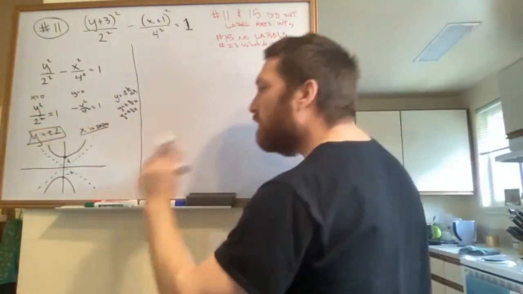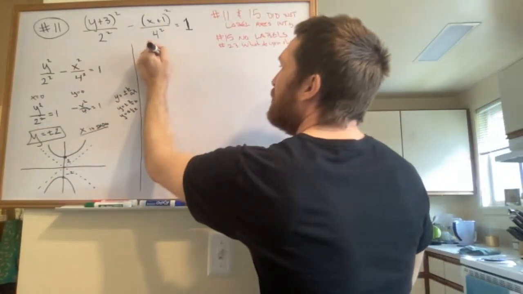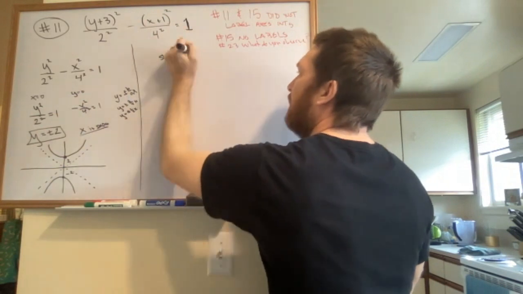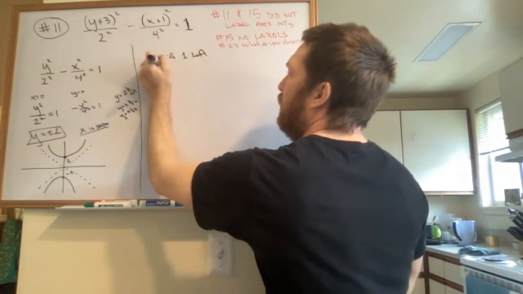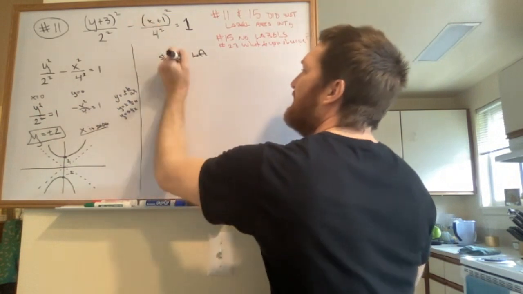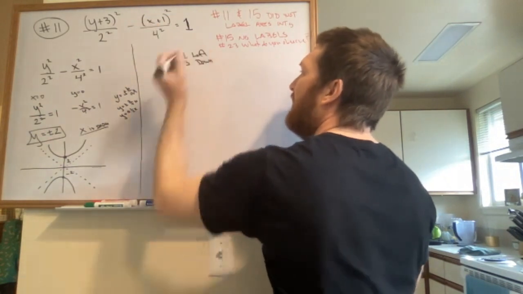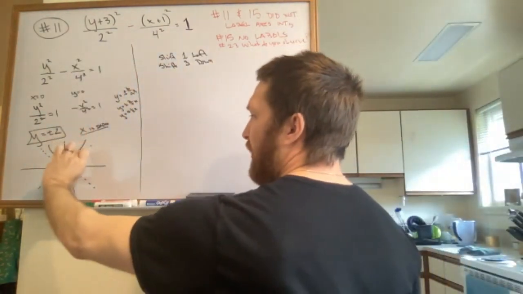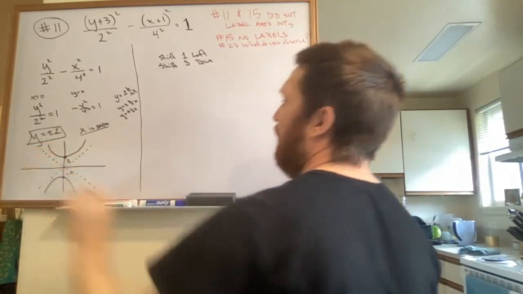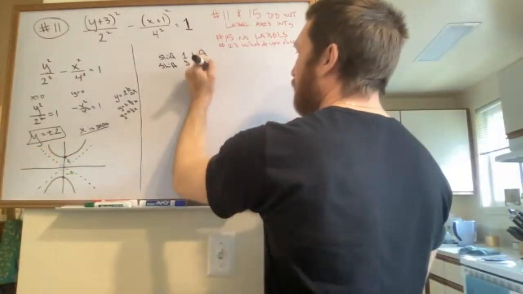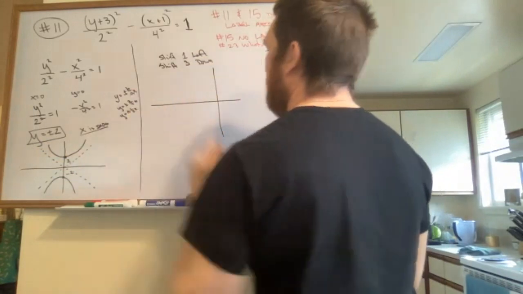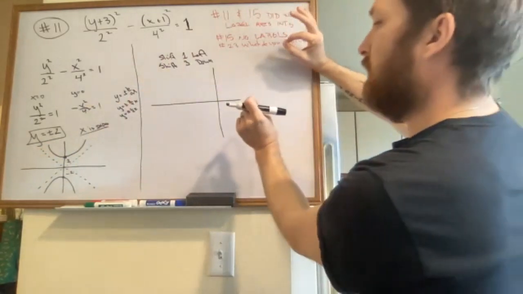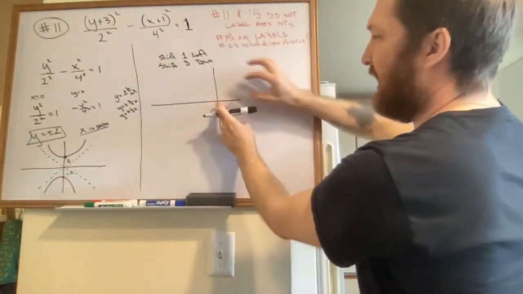So we're going to shift 1 left, and we will shift 3 down. Then what I do is I just imagine, if I grabbed this object, brought it over 1 and down 3, then the new thing I would end up with would be, my thing was up here at positive 2, or at 0 for x and positive 2.